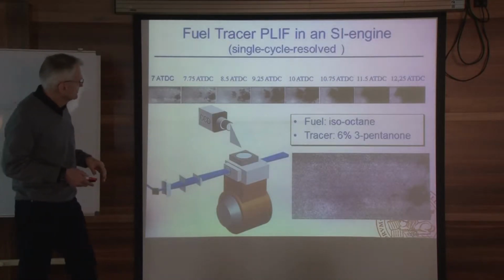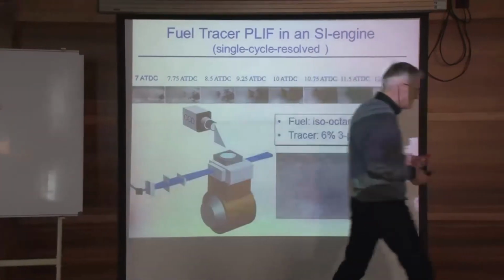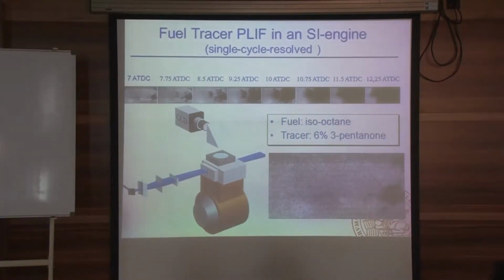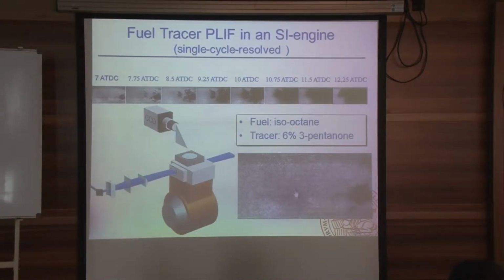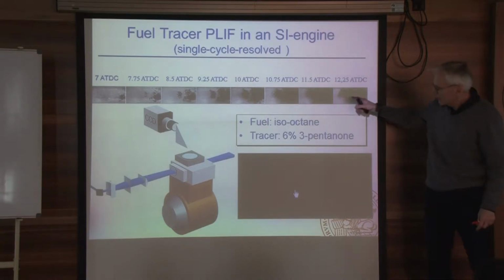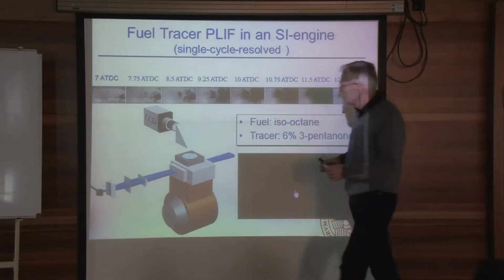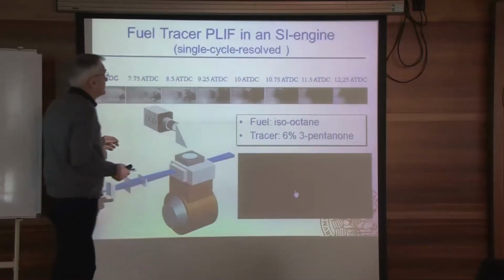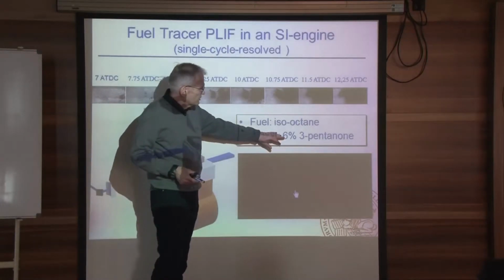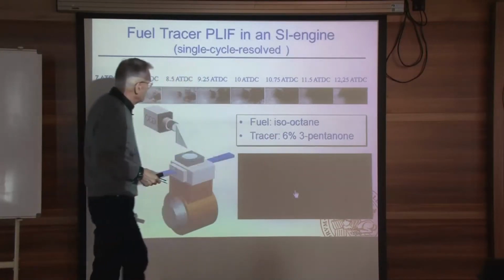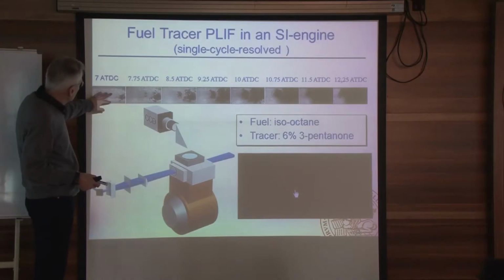And this is one of the first. Let's run the movie. It's not a long movie, it's an 8-image movie, and here you can see the 8 images. This is in a spark-ignited engine where we use isooctane and 6% of 3-pentanone. So what you see here is before ignition.